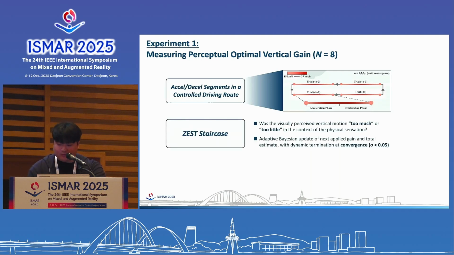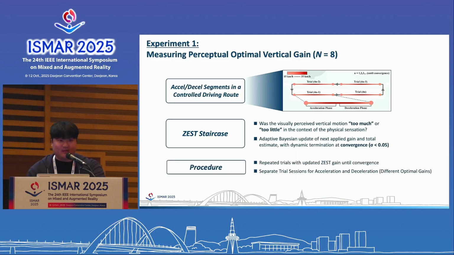For evaluation, we use ZEST, an adaptive Bayesian staircase method with repeated trials, which update the next applied gain and cumulative estimate from the posterior distribution. And we also applied a dynamic termination criteria in which trials are repeated until suitable convergence. And we proceeded with separate trial sessions for acceleration and deceleration, respectively, to examine the difference in perceptual gains.